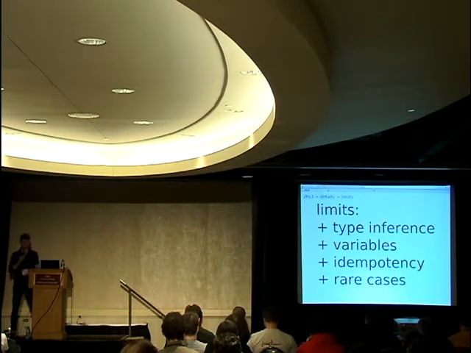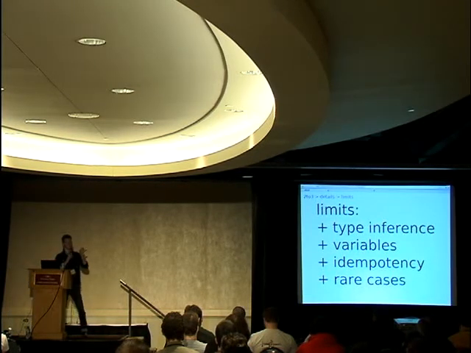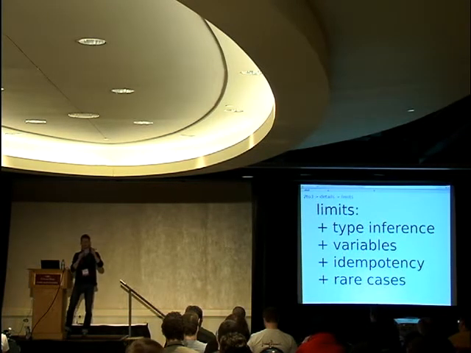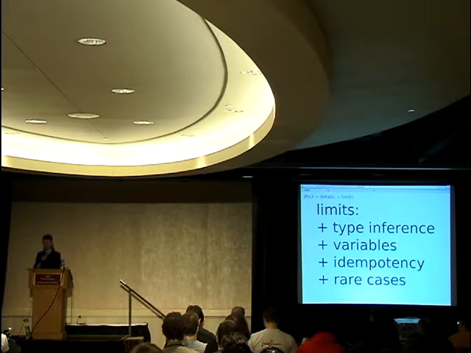Most of the fixers are idempotent, but there are certain cases where a construct is legal in both Python 2 and Python 3, but does different things, and there's no good way for us to tell which language you're writing in.